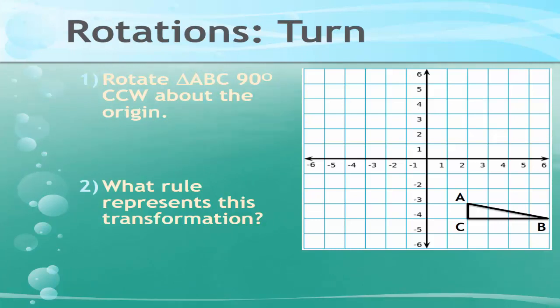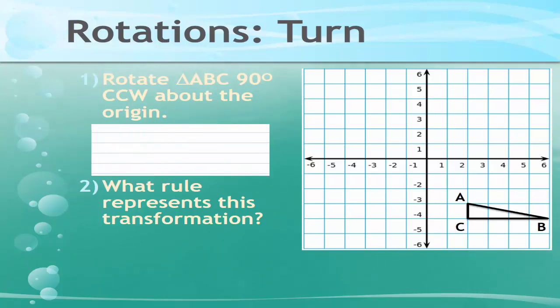So, rotate triangle ABC 90 degrees counterclockwise about the origin. And do remember that a 90-degree counterclockwise rotation is the same as a 270-degree clockwise rotation, so we're going to use our rule for a 270-degree clockwise rotation. (x, y) becomes (-y, x).